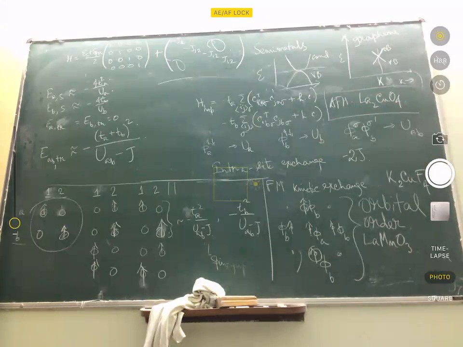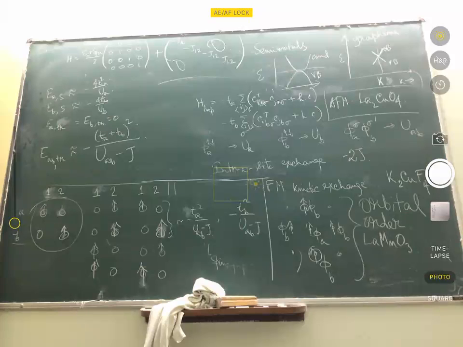Yeah, something like that. There's actually a whole bunch of materials. The first one which showed what was at that time called high temperature superconductivity was this lanthanum copper oxide. When doped with strontium beyond a certain doping level, it showed superconductivity, which was a complete surprise.